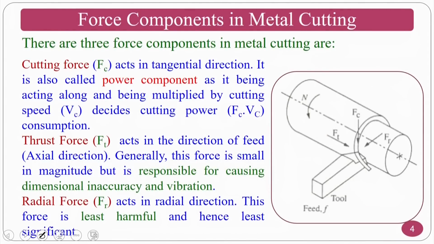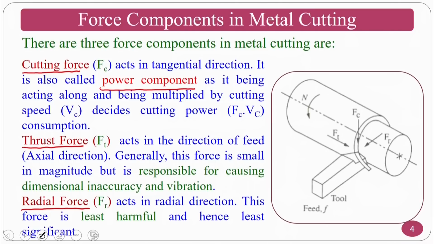So there are three force components in a metal cutting operation: the cutting force, the thrust force, and the radial force. Normally the cutting force is tangential to the direction of cutting, and it is also called the power component.